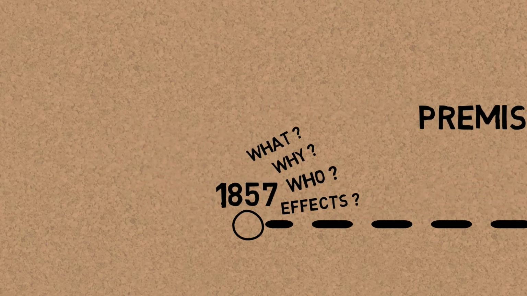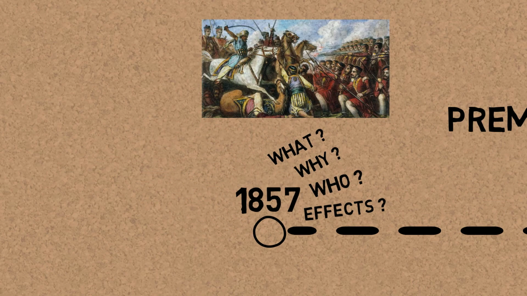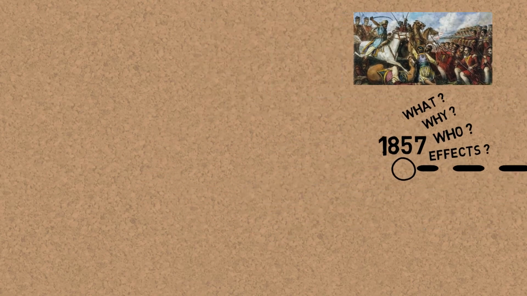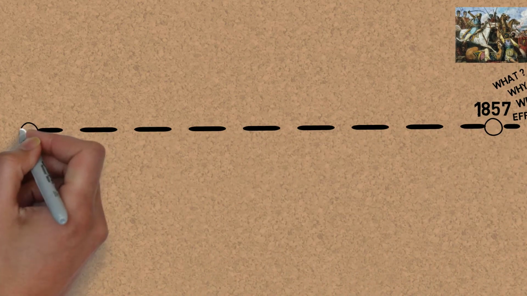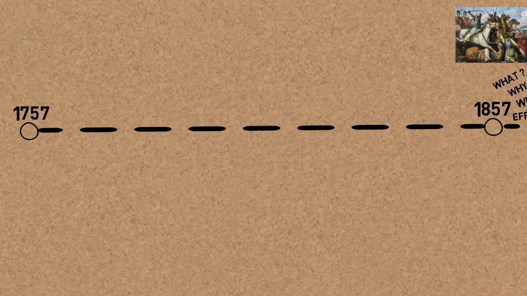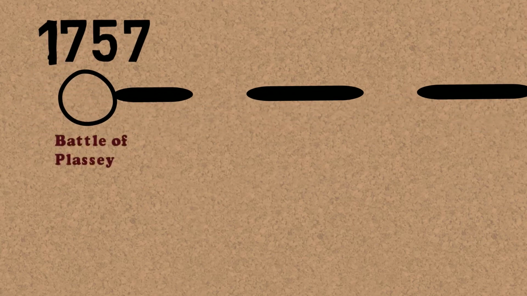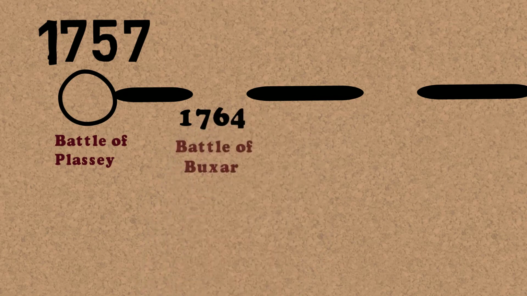To understand the 1857 revolt, we first need to understand the prevailing circumstances. Exactly 100 years before 1857, that is in 1757, the East India Company won the Battle of Plassey. Battle of Plassey was followed by the Battle of Buxar in 1764.